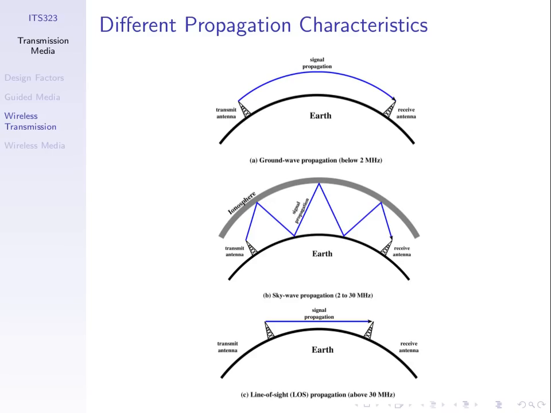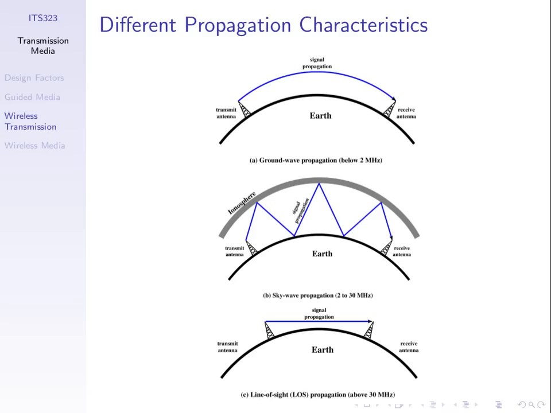We don't have a direct line between them, a line of sight we'll see in the last one, but using the first 2 techniques, if we use the right frequencies, we can have that signal go around the curvature of the Earth.